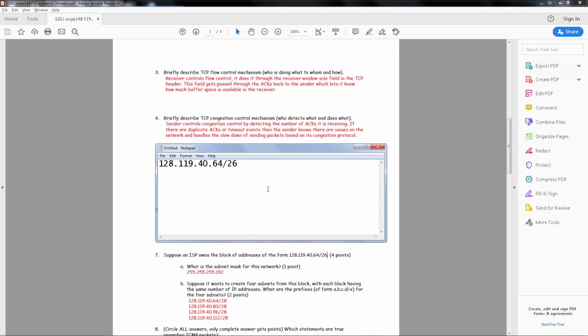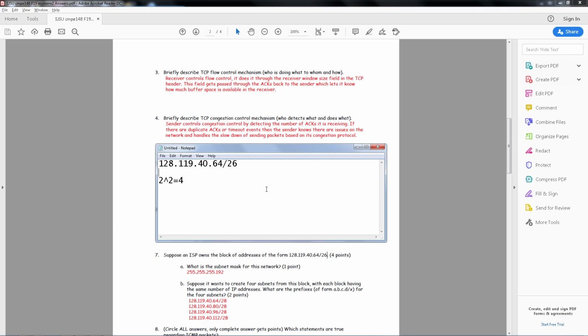We have /26 there. We want to create 4 subnets. Since we want to make 4 subnets, what is 4? Well, we just do 2 to the power of 2, and that gives us 4.